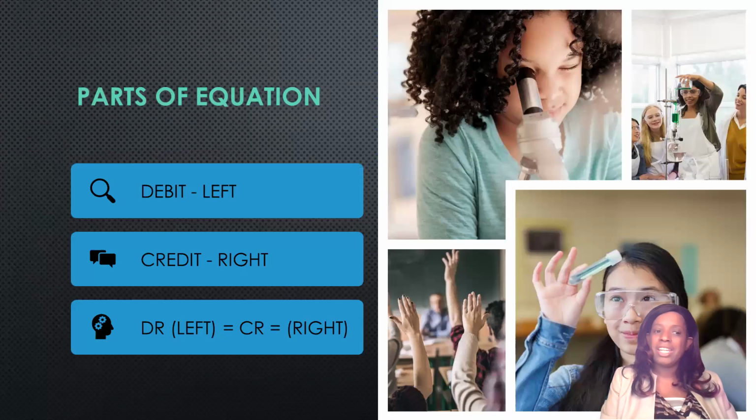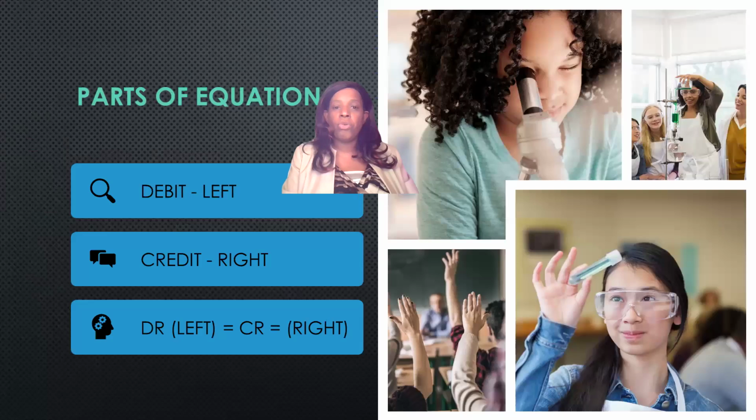A debit is called the left side of accounting. A credit is called the right side of accounting. There is no reasoning to this. All you know is it's a debit and it's a credit. There is no why to this. It is just the way it has been since accounting began.